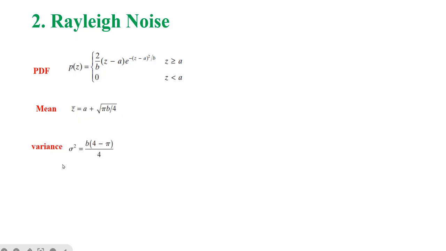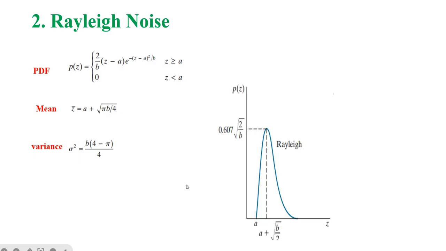Next you have the Rayleigh noise, where the probability density function is given by this formula. The mean is Z bar equal to A plus square root of pi B divided by 4, and the variance is sigma squared equal to B times (4 minus pi) divided by 4. This is the probability density function of Rayleigh noise.